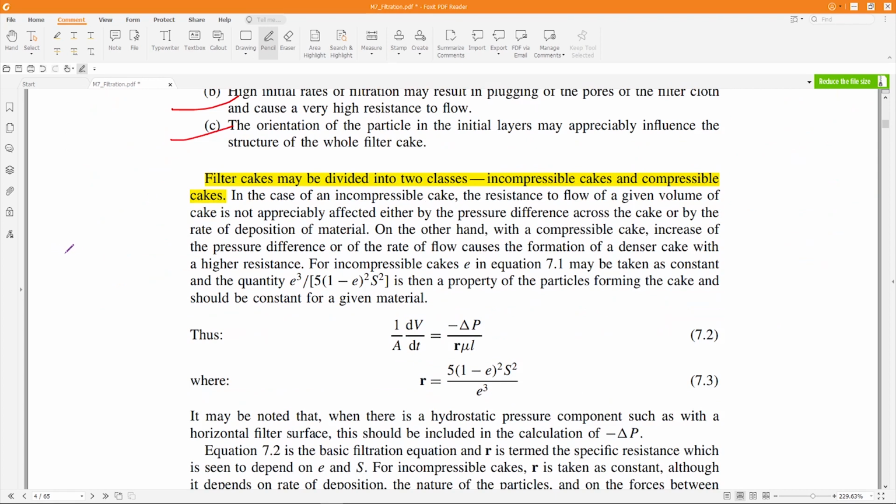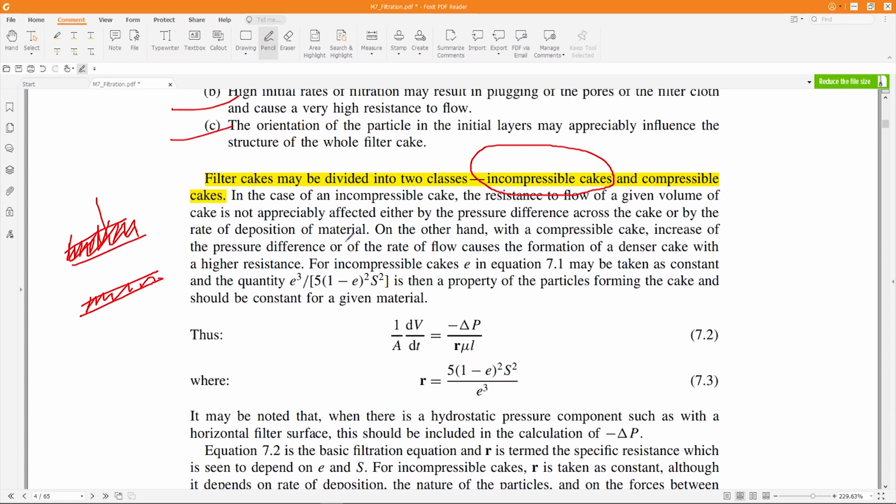Now these filter cakes, as you can see, the cake is formed at the top of the filter medium. These cakes can be divided into two types: incompressible cakes and compressible cakes. As the name suggests, incompressible means you cannot compress it. If this filter cake is formed, you cannot compress it to give a squeezed shape.